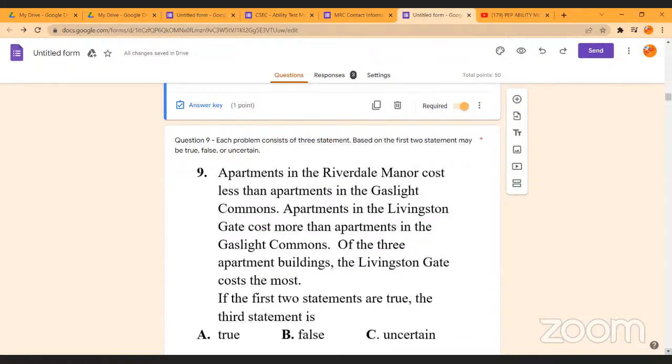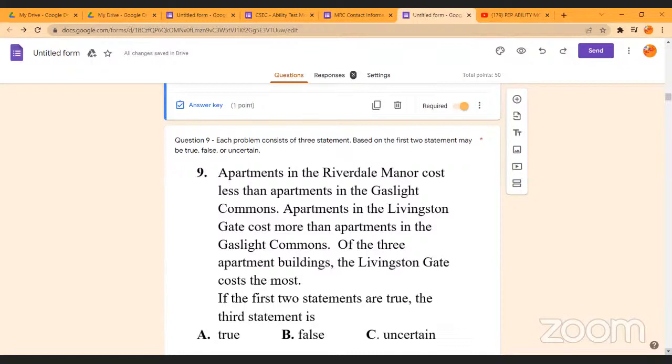Commons. Apartments in the... cost more than apartments in the Gaslight Commons.